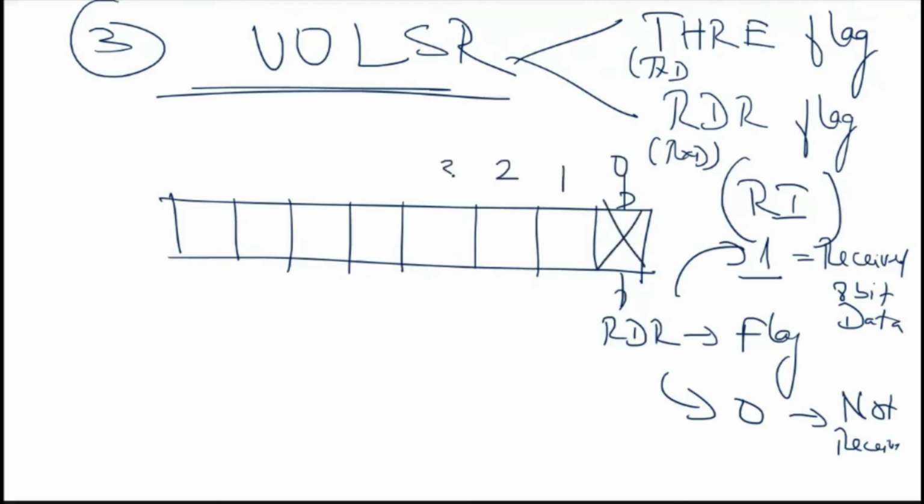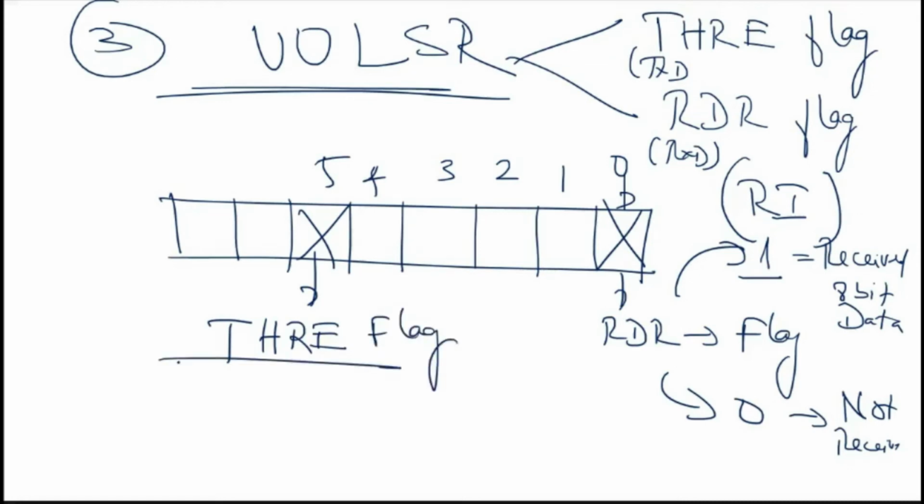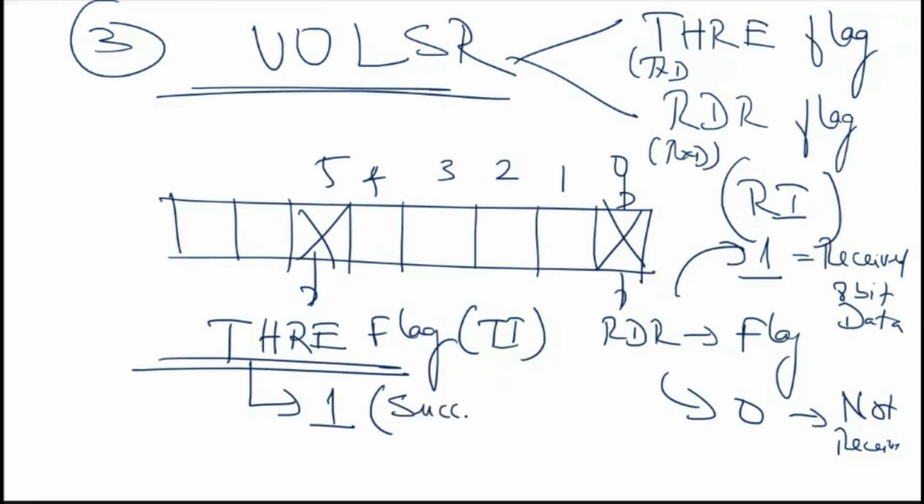1, 2, 3, 4, 5th bit is called transmit holding register empty flag. It is equivalent to the TI flag of 8051. What is the job of this fellow? If this is equal to 1, that means whatever data you have put into the transmit holding register has been successfully transmitted.